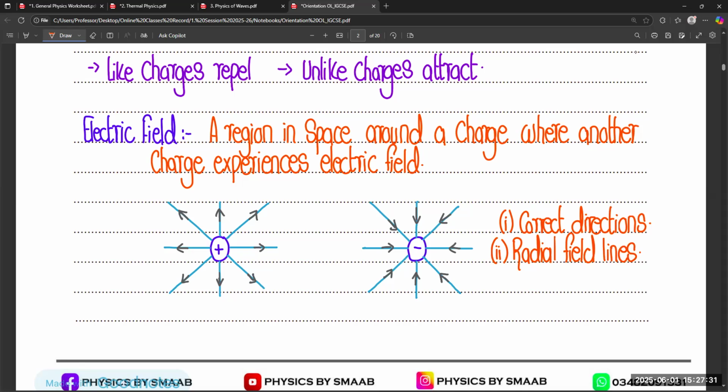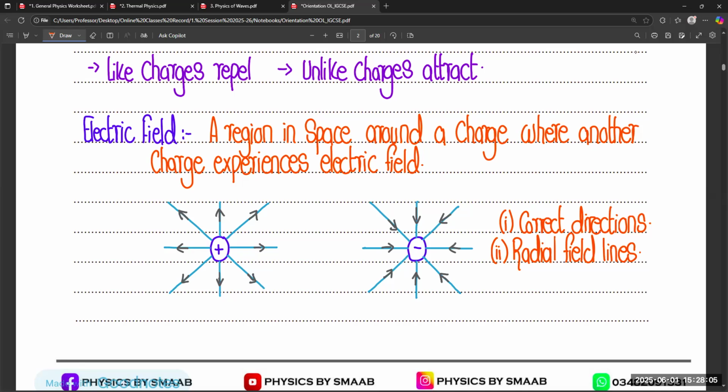So radial field lines means we consider a charge as a sphere, right? For example, if a charge is like a tennis ball that is completely spherical, on the surface of the tennis ball you can mark unlimited points. In the same way, field lines can emit from any point of the charged sphere. That is called radial. Radial means you can draw a line from any point on the sphere.